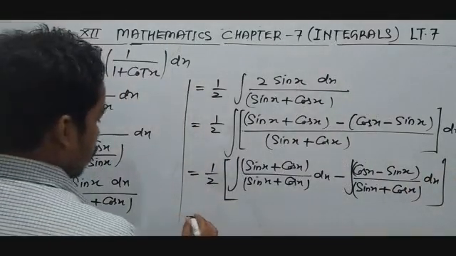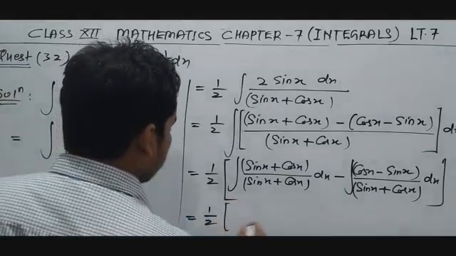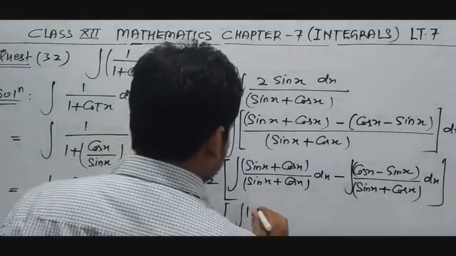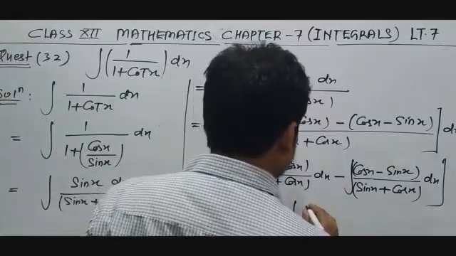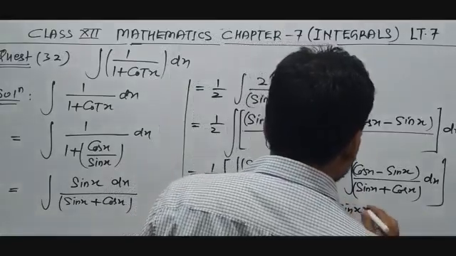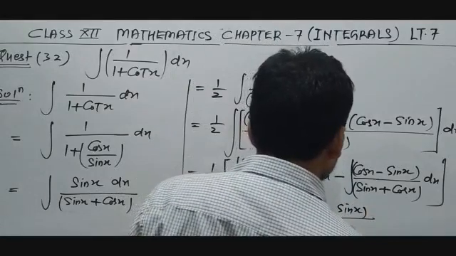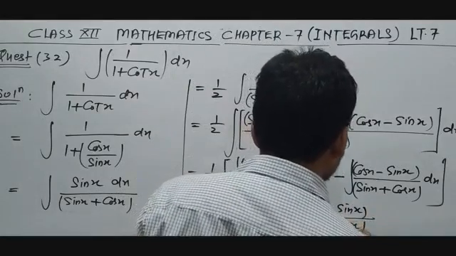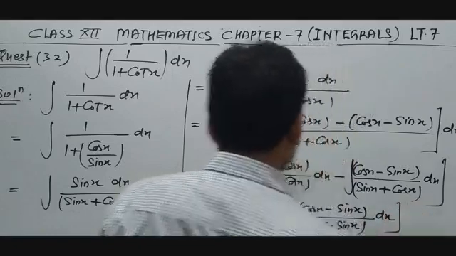So now this can be written as 1 by 2, integration of 1 dx minus the same, cos x minus sin x whole upon cos x plus sin x dx.